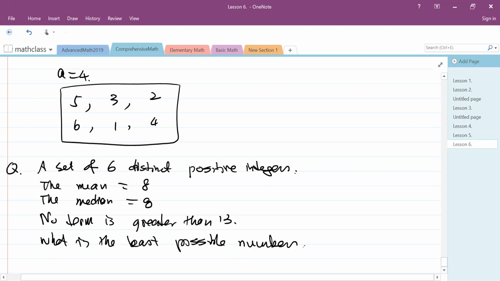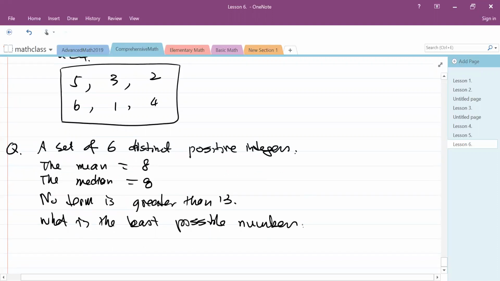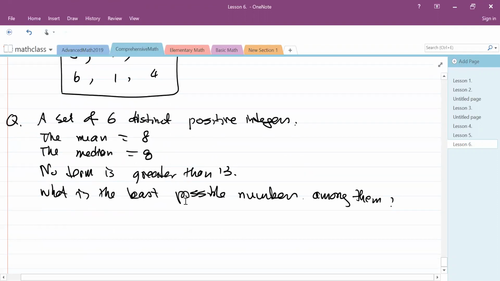Of course, you have 6 numbers that cannot be too large. All of them are less than or equal to 13. So what is the least possible number among them, right? Okay. So what you do is you can list them in order.